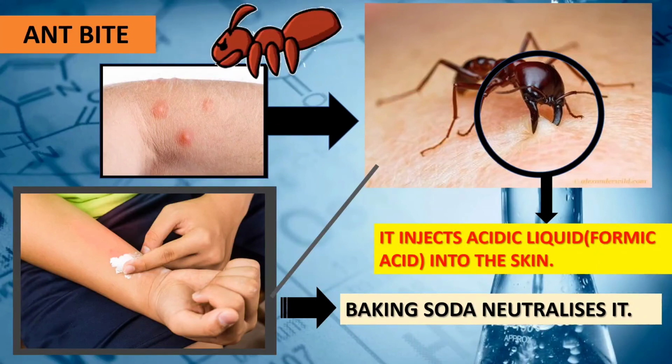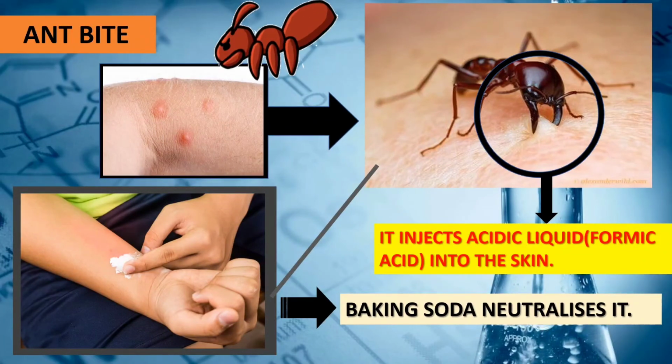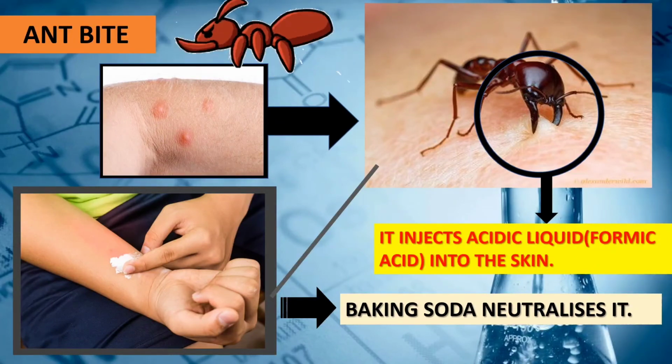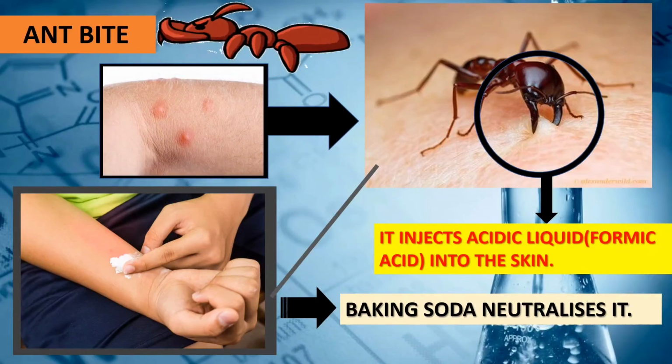Because of neutralization, these rashes are going to gradually reduce. Not just on an ant bite, but on a bug bite or honeybee bite, you can apply baking soda so that the effect of the acid starts reducing. So this was the second application.